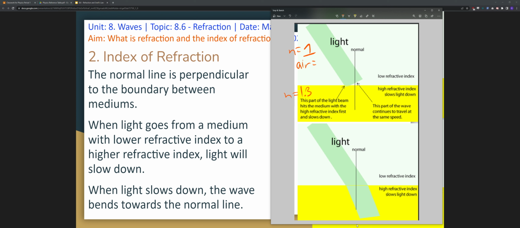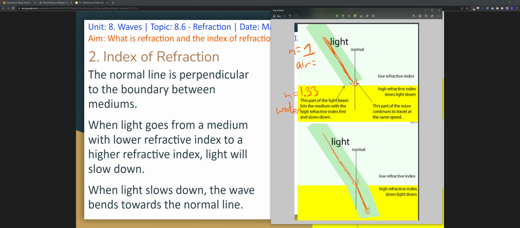Water has a refractive index of 1.33. As light enters water from air, light is going to slow down, and because of that, it's going to curve, it's going to bend.